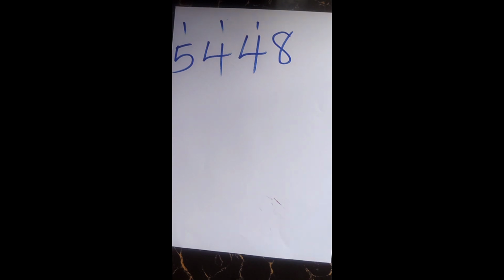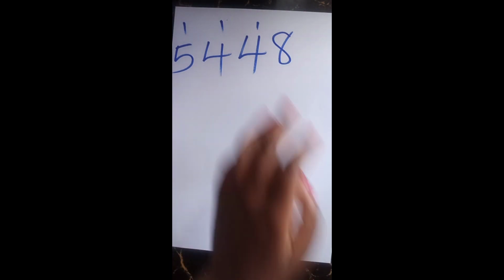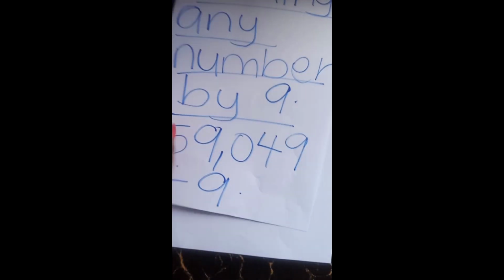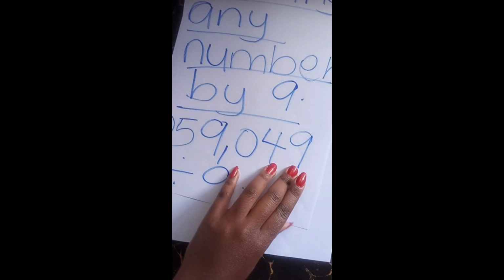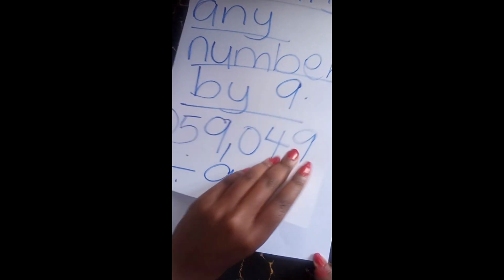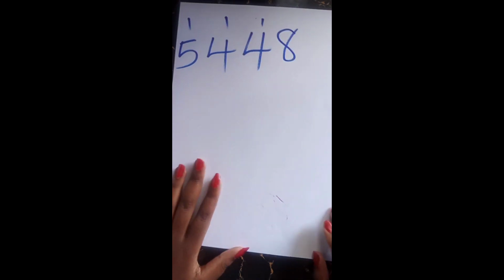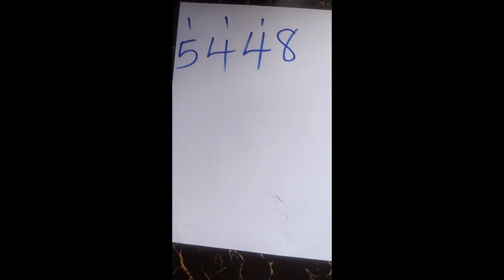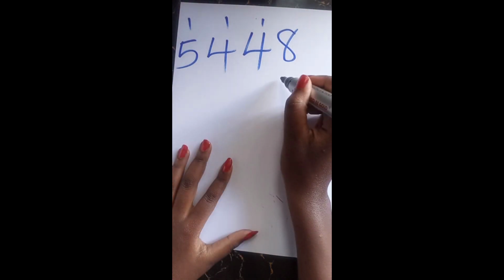We'll still add it, but now we'll divide it by 9 first. So, what is 18 plus 9? 18 plus 9 is 27. So, we'll start by dividing 27 by 9. And when you divide 27 by 9, you get 3. So, we'll add that 3 over here.